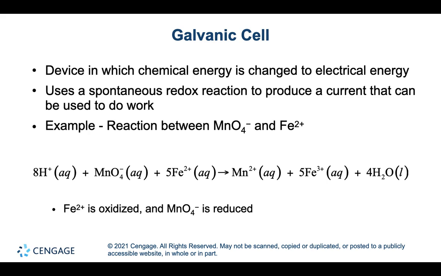Now, if this is run in an acid solution, the balanced redox reaction would be 8H+ plus MnO4- plus 5Fe2+ will make Mn2+ plus 5Fe3+ plus 4 waters. Now, if you look, the iron changes from plus 2 to plus 3, so that's being oxidized. And it's actually the MnO4- converting to Mn2+ that is the reduction step.